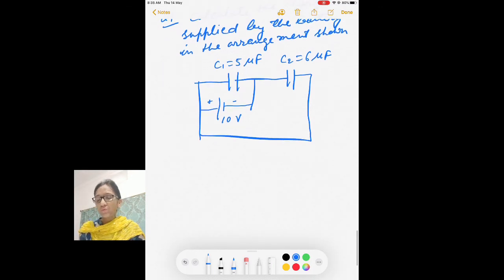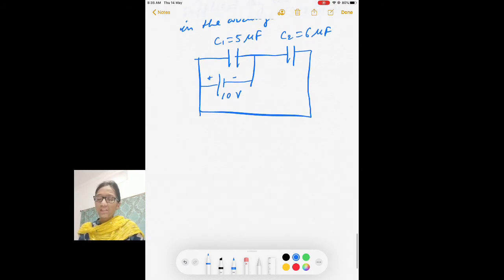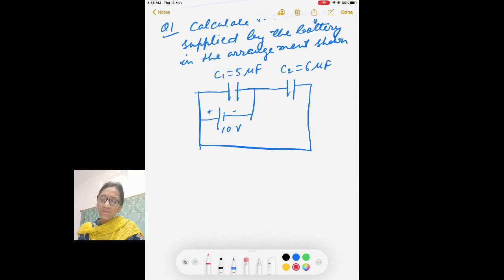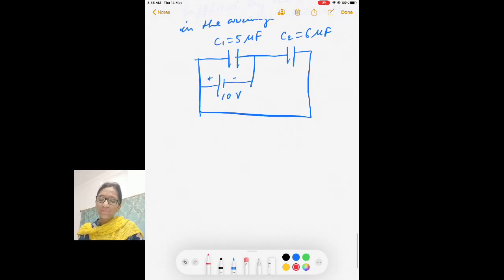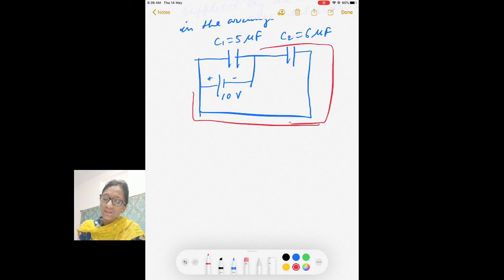You have to find the charge supplied. So let me first of all simplify this circuit diagram.